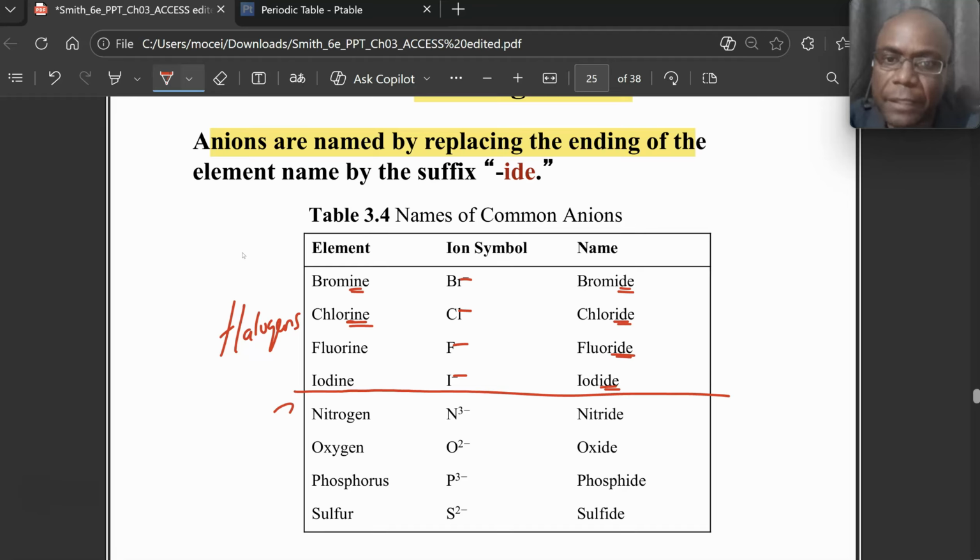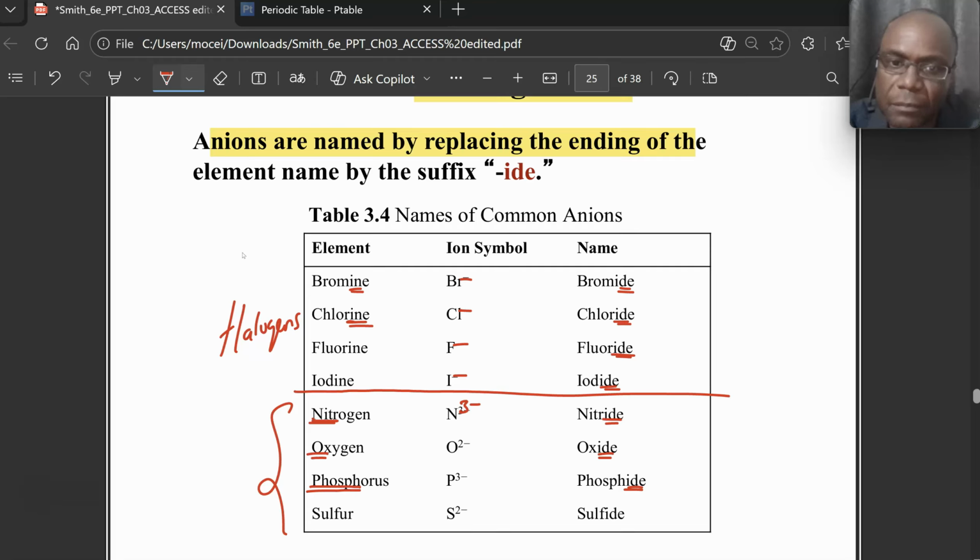Now, because the rest are not in main group 7A, they don't end with ine. Just take the root name, the first few letters. Nitrogen with 3 minus, take the nitr and then add ide. Oxygen, take the ox, add ide. Phosphorus, take the phosph and add ide.